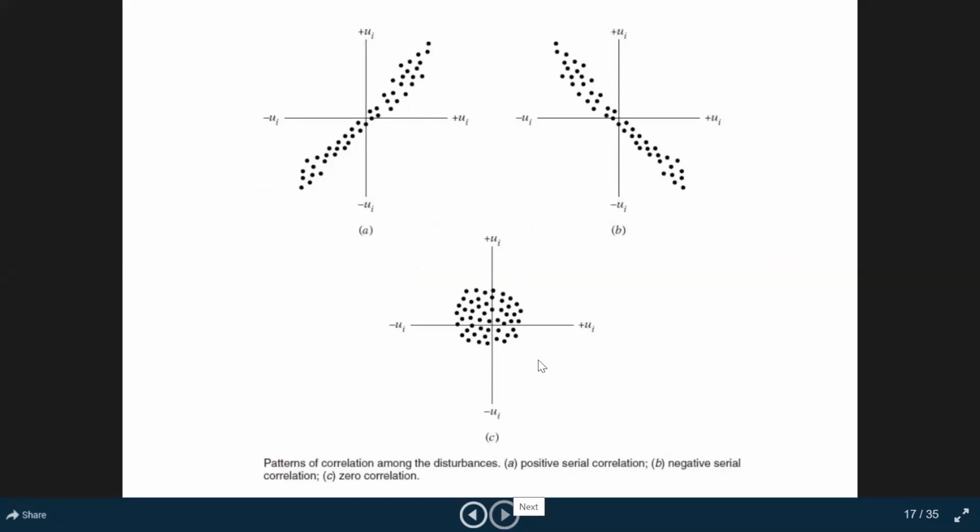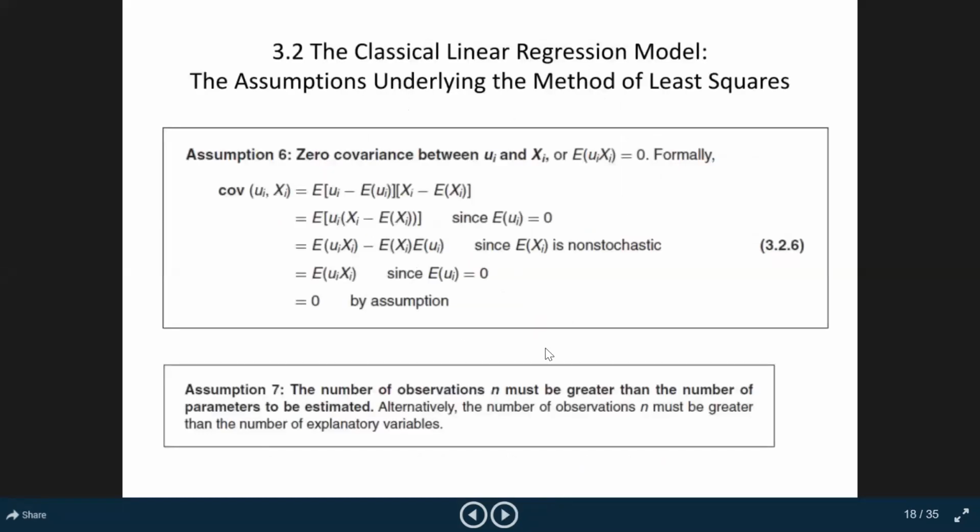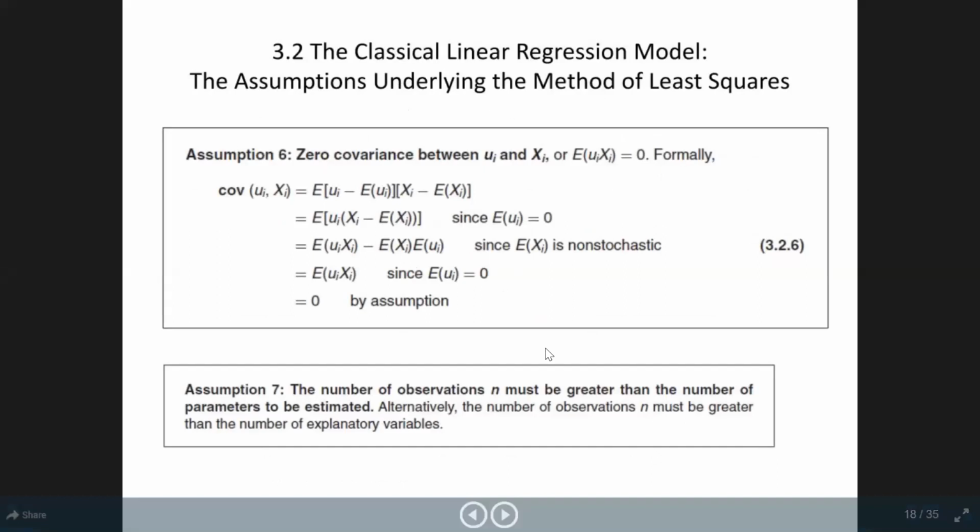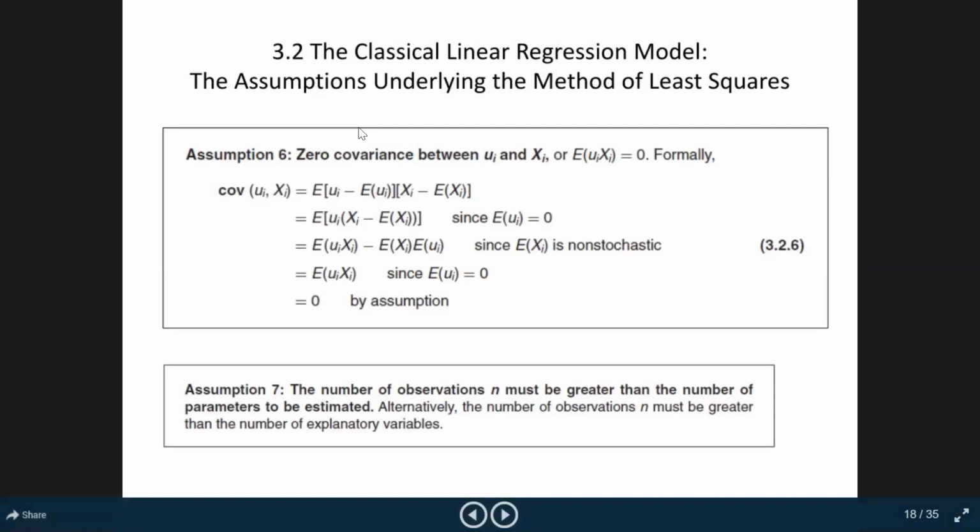Assumption 6. In assumption 6, we are saying that there is zero covariance between ui and xi, that is, expected value of ui xi equals 0. Formally, covariance of ui and xi, again this is the formula for the covariance, and again expected value of ui becomes 0.